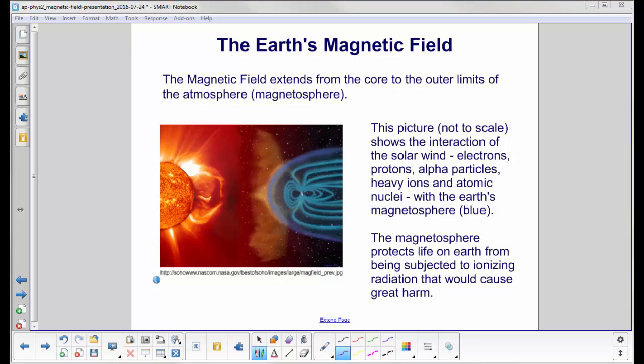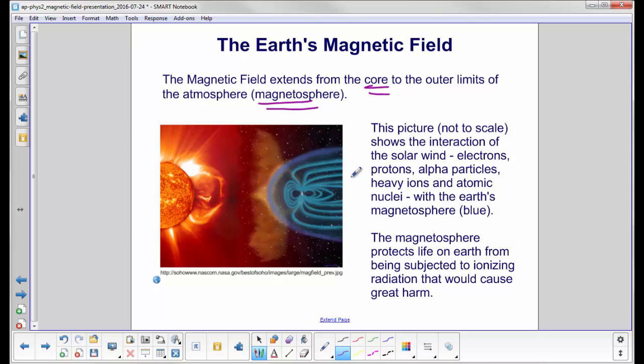The magnetic field extends from the core of the Earth to the outer limits of the atmosphere, a place called the magnetosphere. This picture over here, here's the sun, here's the Earth, and obviously that's not drawn to scale. The Earth isn't that close. It shows the interaction of the solar wind.